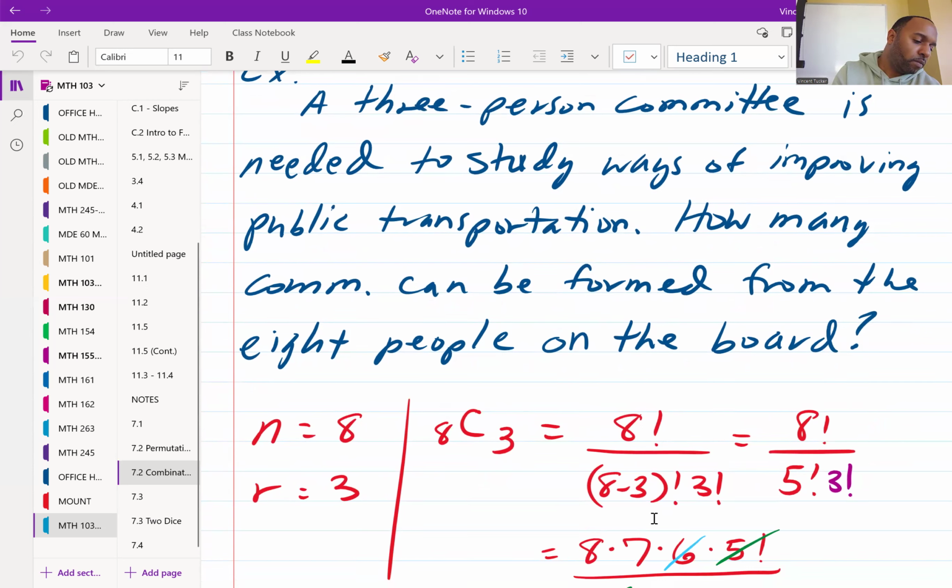All right, so we have 8 people in total. We want to know how many different ways we can choose 3 out of the 8. So N is going to be 8, R is going to be 3.